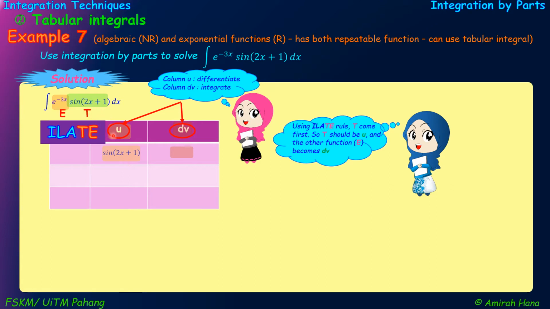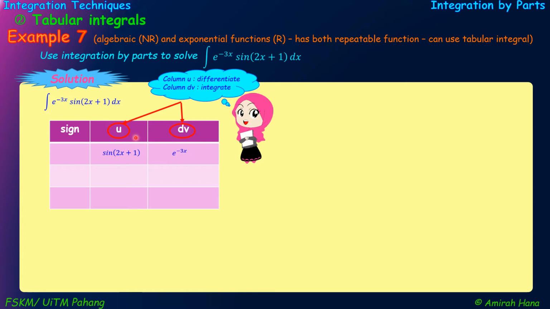So, our u equals sine of (2x plus 1). And the other function, the exponential function E, becomes dv. So, our dv equals e to the power of negative 3x.